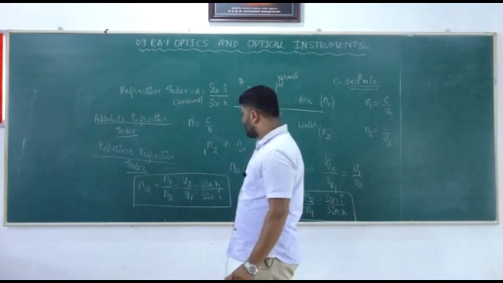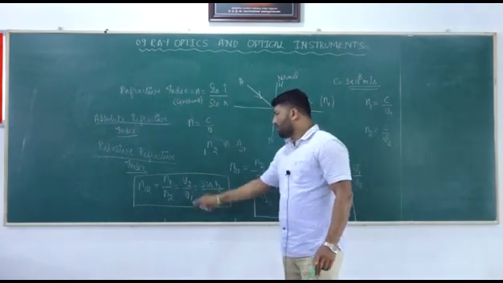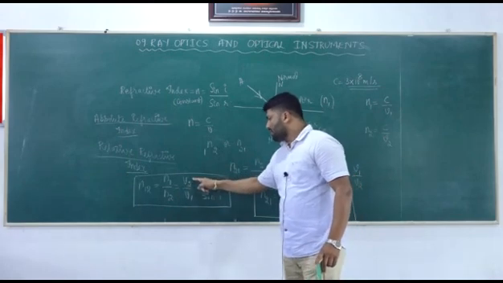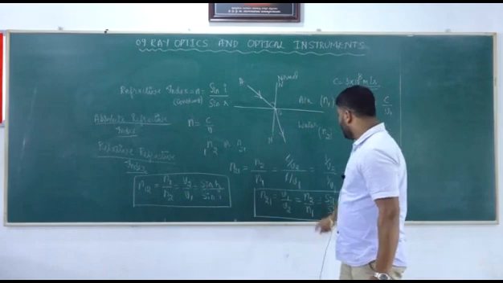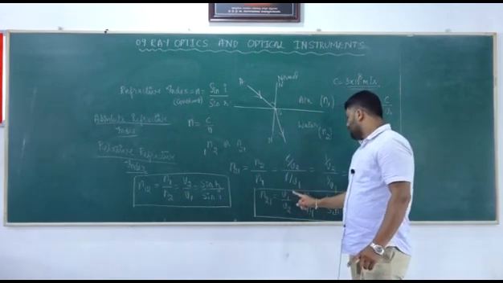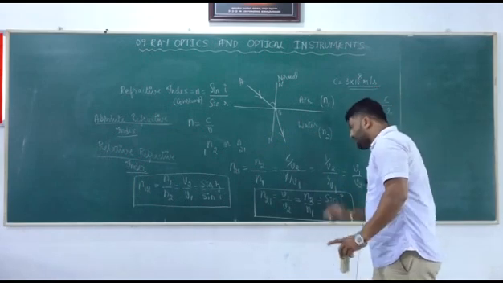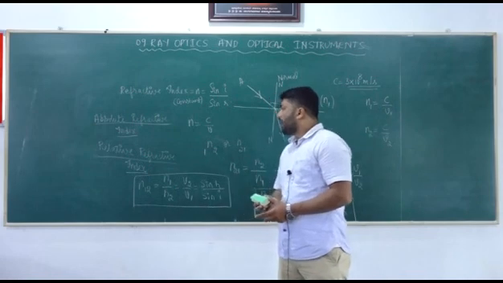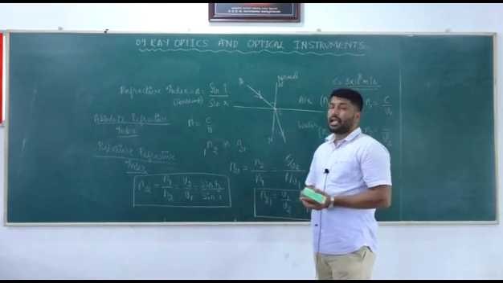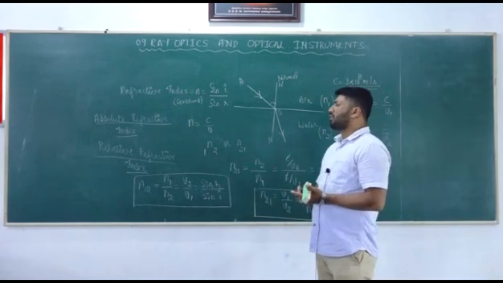So n12 becomes n1 by n2, which equals v2 by v1, which equals sin r by sin i. And n21 is equal to v1 by v2, n2 by n1, which equals sin i by sin r. Why do we require the relative refractive index?